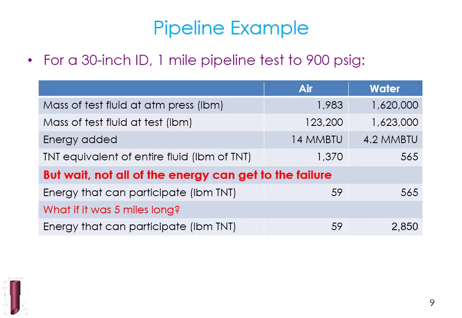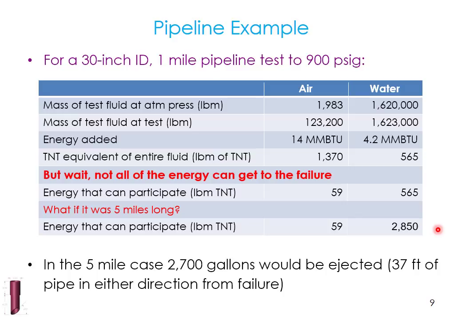But the water goes from 565 pounds of TNT to 2,850 pounds of TNT. In the 5-mile case, 2,700 gallons of water would be ejected. That's 37 feet of pipe in either direction from the failure, so it would all be ejected.